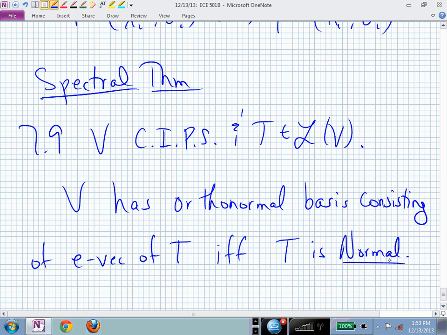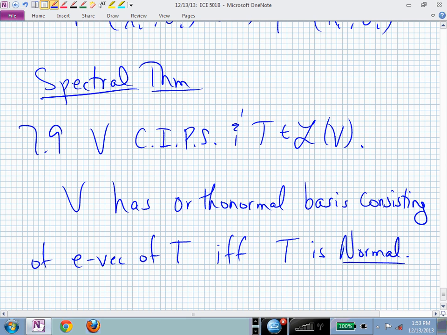T is normal. So if we have a normal operator and we're living on a complex inner product space, then we know that we can find an orthonormal basis by just finding the eigenvectors of that linear operator. Or if we found an orthonormal basis consisting of eigenvectors of a linear map T, then we know that T is normal.